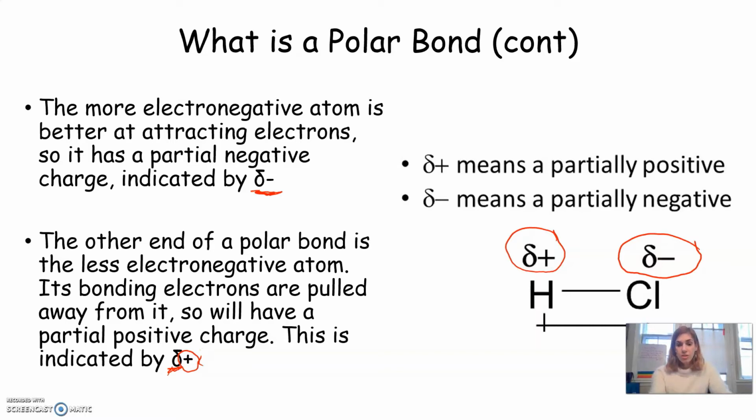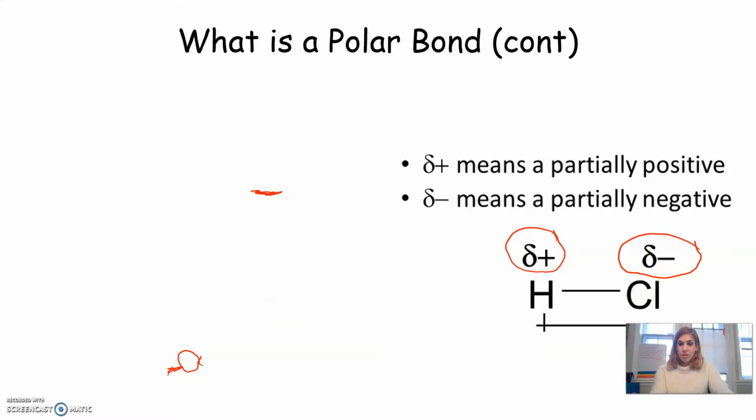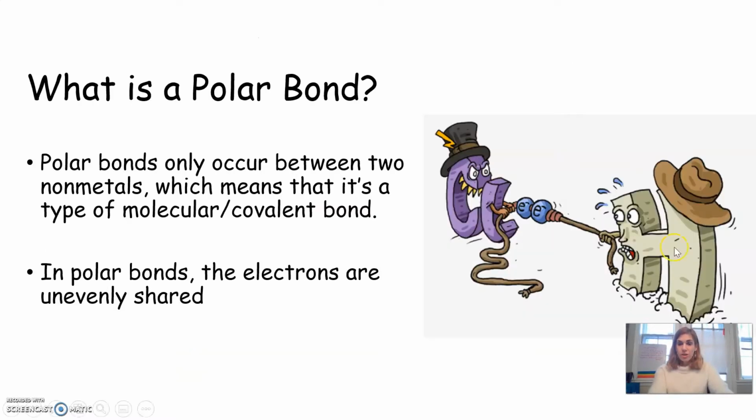So if you were to see these two signs, that should mean that chlorine is hogging most of the electrons, just like how this picture, if we were to go back, shows. Chlorine is hogging the electrons, so chlorine is the dipole negative, whereas hydrogen is that dipole positive.